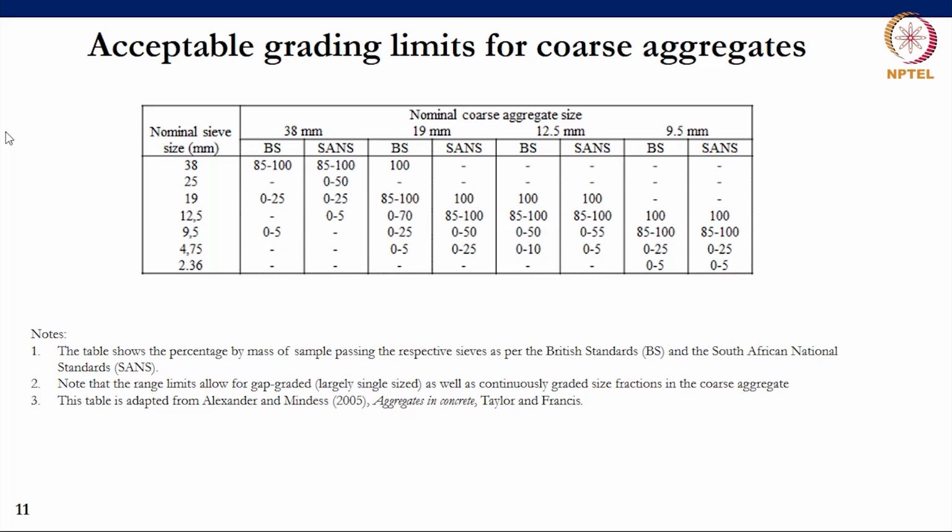I don't want to go through the slide, but it's really provided here as a reference, to give you a sense of the limits of grading for coarse aggregate sizes, nominally identified as a 38 millimeter aggregate, 19 millimeter, 12.5, and a 9.5 millimeter aggregate. That would give you a sense of the range of acceptable particle sizes.